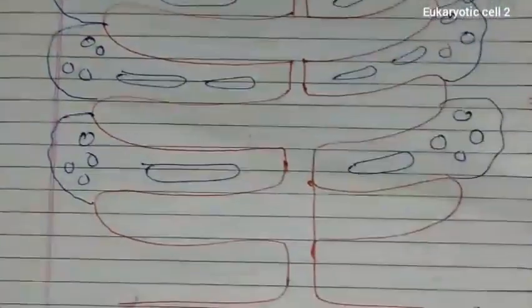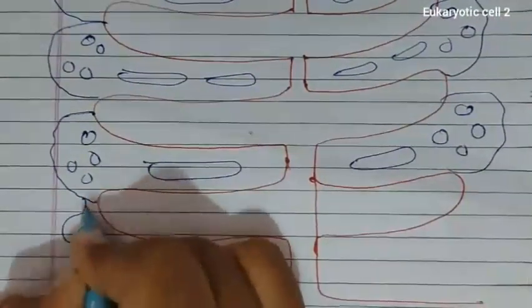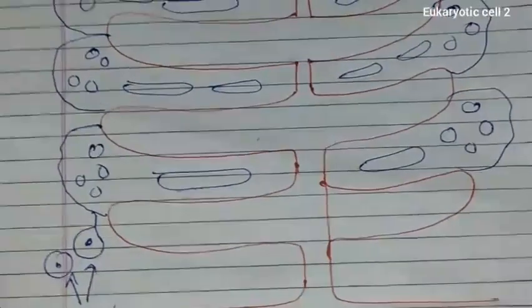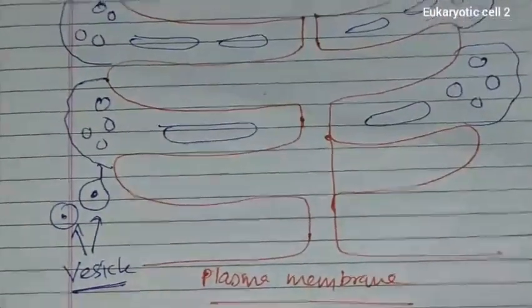This way we find a tubule, and from tubule vesicle originate. Okay, so like this particular structures occur.